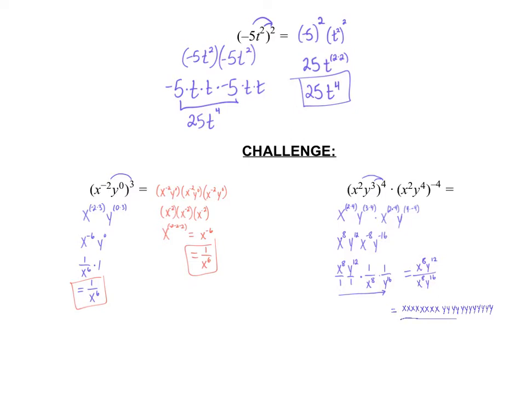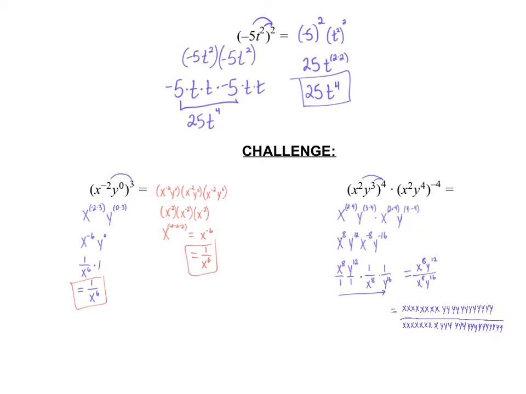All right, now for the denominator, x to the 8th, 1, 2, 3, 4, 5, 6, 7, 8, and y to the 16th, 1, 2, 3, 4, 5, 6, 7, 8, 9, 10, 11, 12, 13, 14, 15, 16.